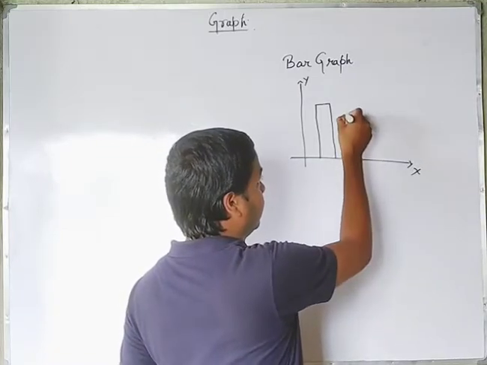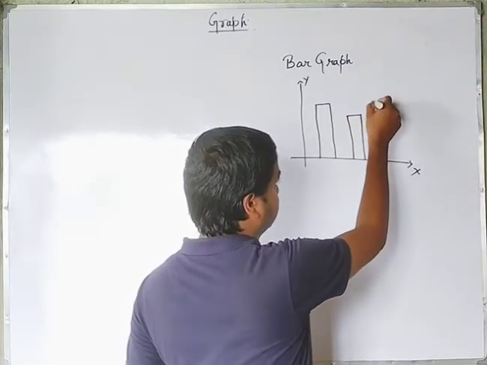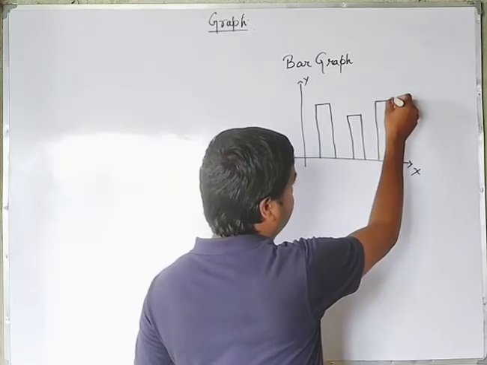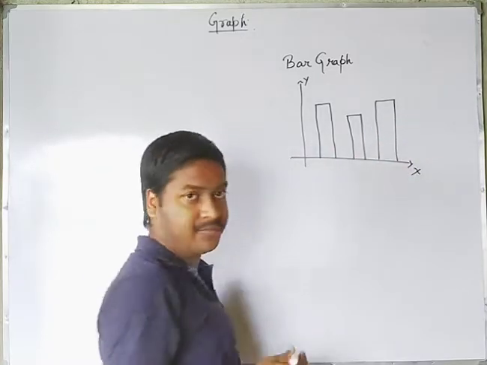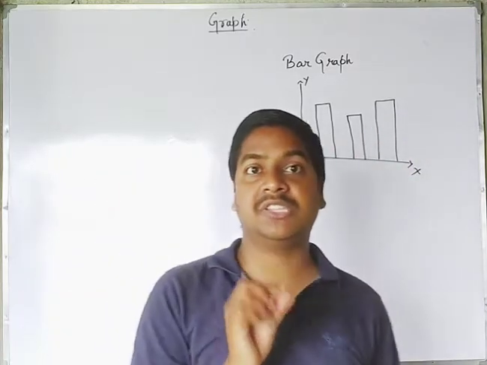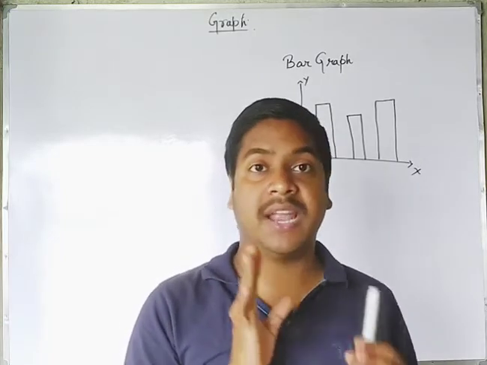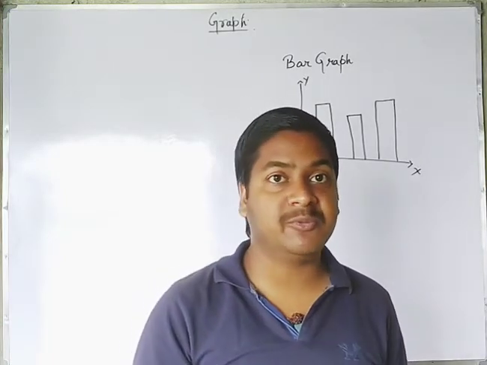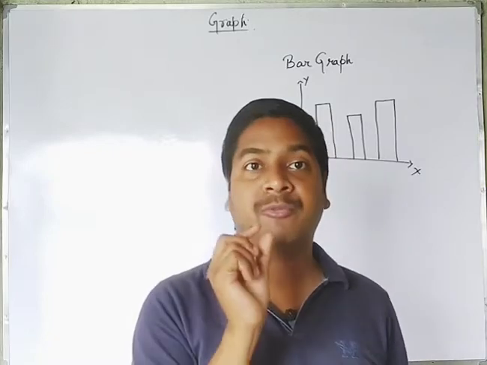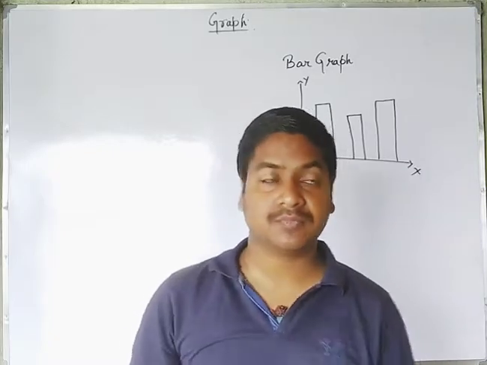Here is another one like this. This type of graph is known as a bar graph. A bar graph is the rectangular form of graph which is separated by a certain distance.